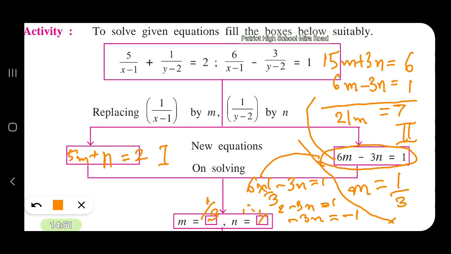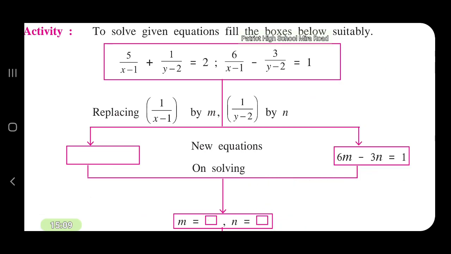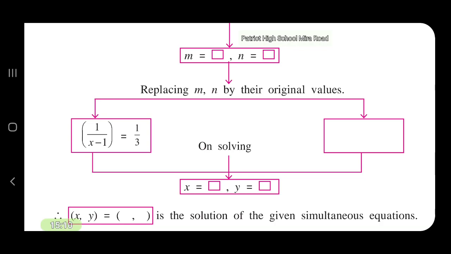So the values obtained were m is equal to 1 upon 3 and n is equal to 1 upon 3.